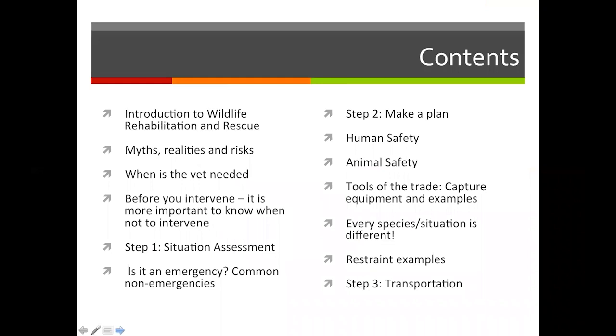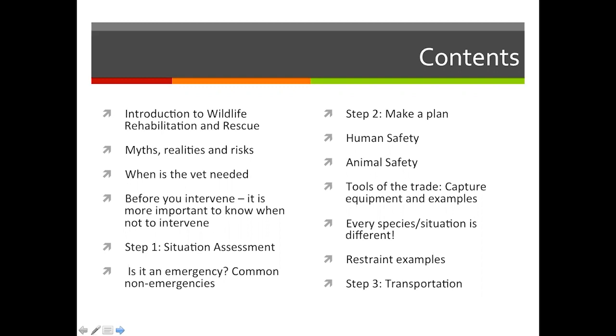So I will introduce wildlife rehabilitation, and then we will talk about rescue situations, a little bit on myths and the reality, and the many risks and challenges.